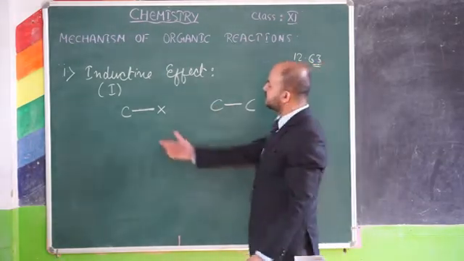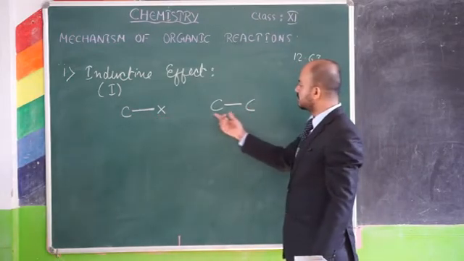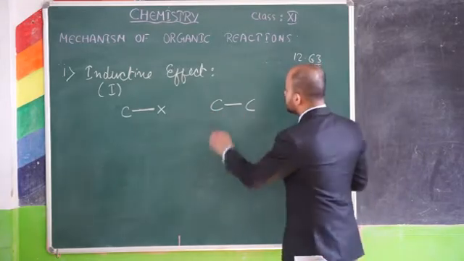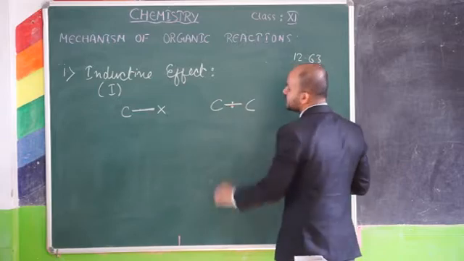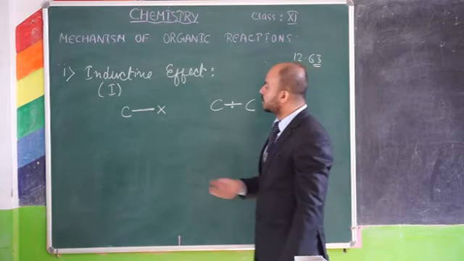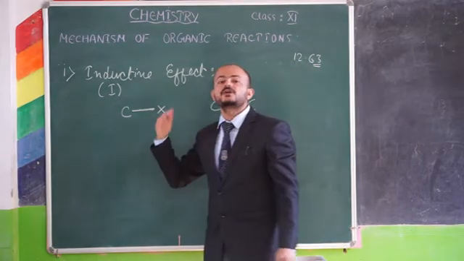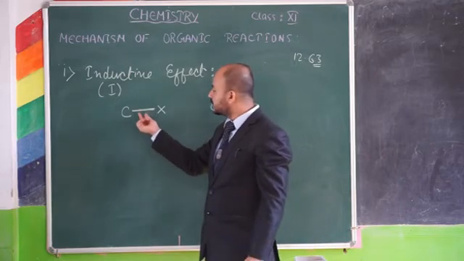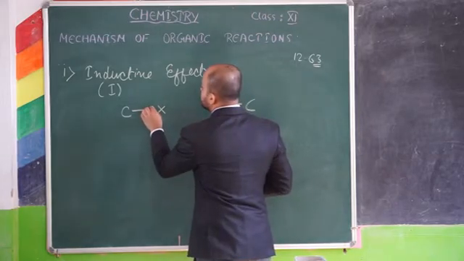In this case, it is carbon and halogen. Here you have carbon and carbon. The electronegativity difference between carbon and carbon is 0. Therefore, the shared pair of electrons will be situated exactly at the midpoint of these two carbons. Whereas in this case, since halogen is more electronegative than carbon, the shared pair of electrons will be shifted towards the halogen side.